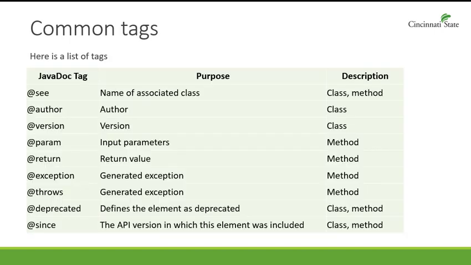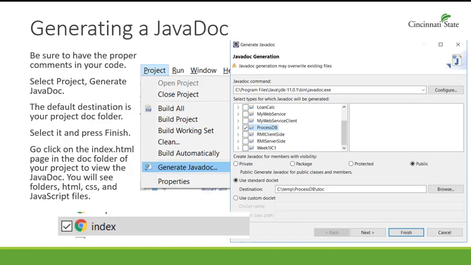As a refresher, here's a list of comment JavaDoc tags to use inside your program. To generate your JavaDoc, select Project, Generate JavaDoc. Use the doc folder as your default destination. You can view the JavaDoc by clicking on the index.html page in your doc folder.